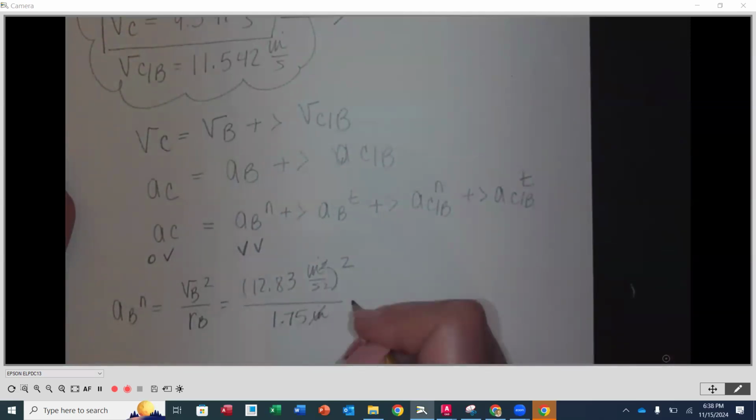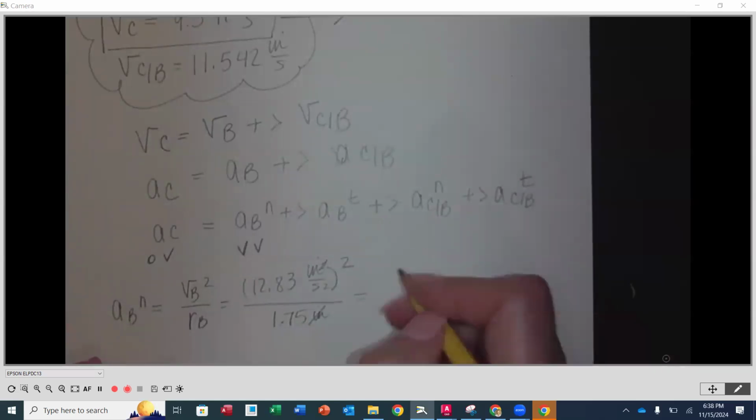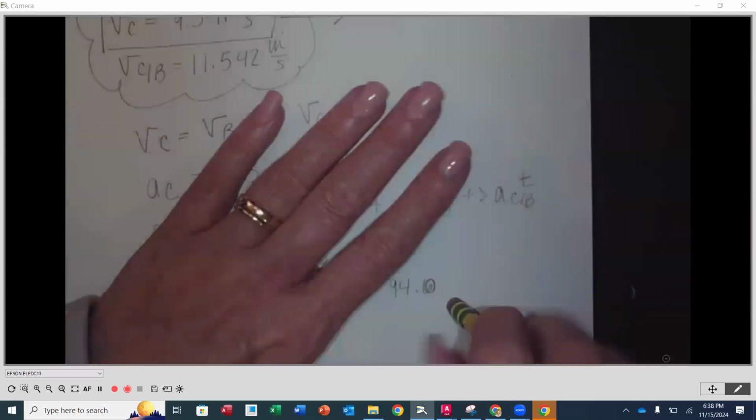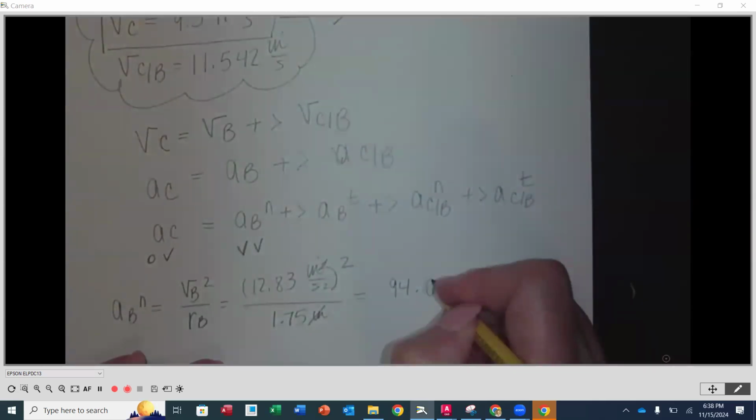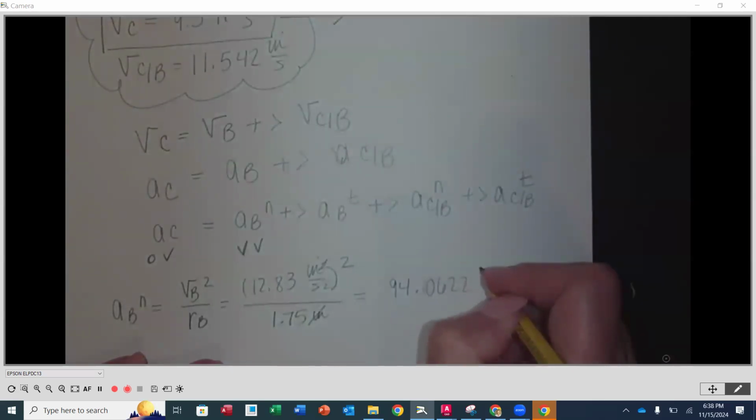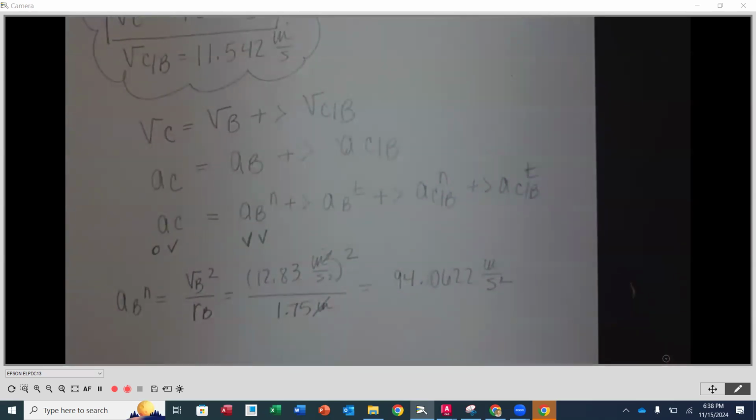So we're going to be in inches per second squared. So 12.83 squared. I'm getting 94.0622. Just want to get a confirmation on that, make sure.